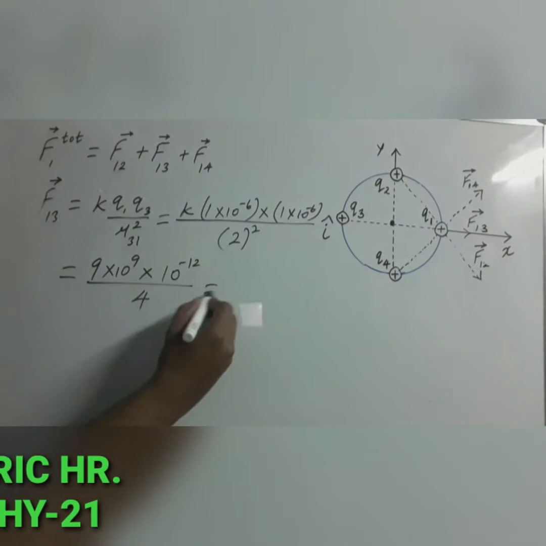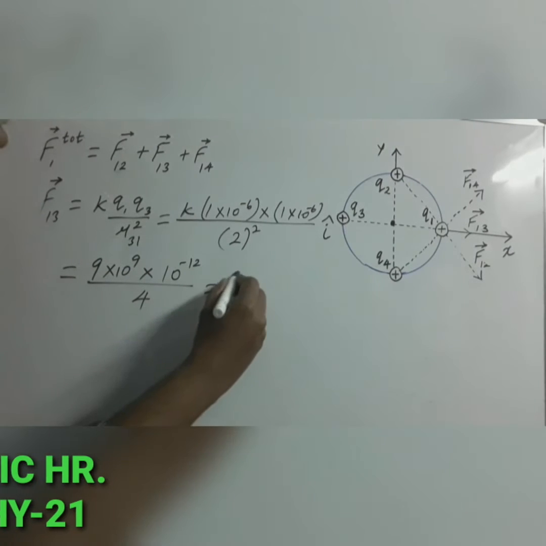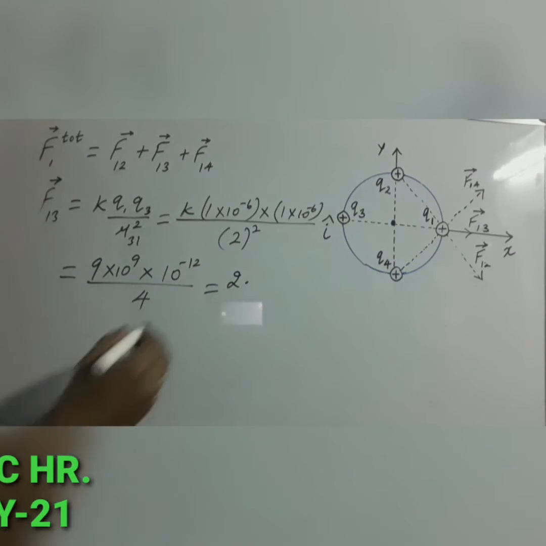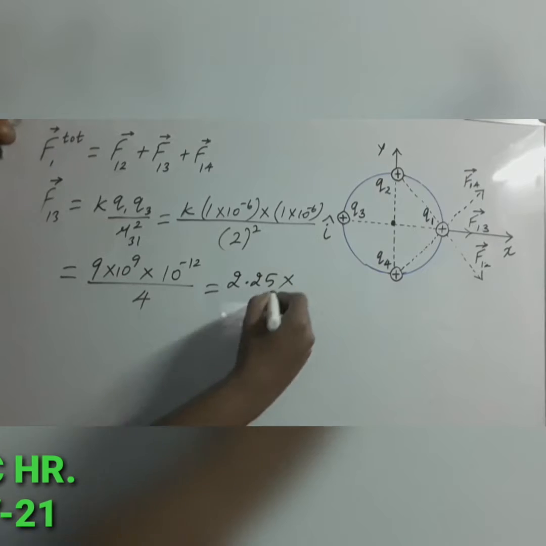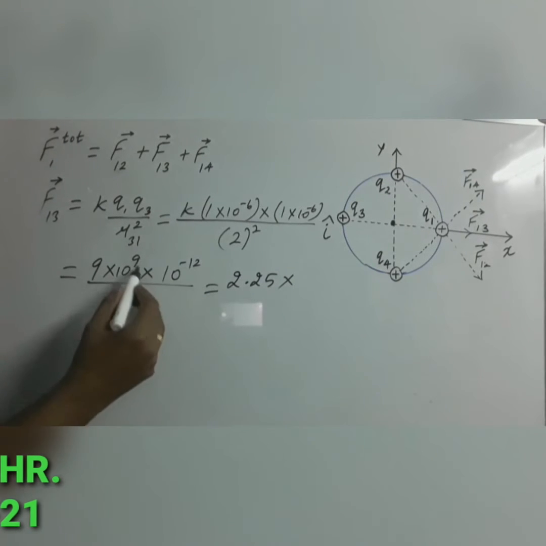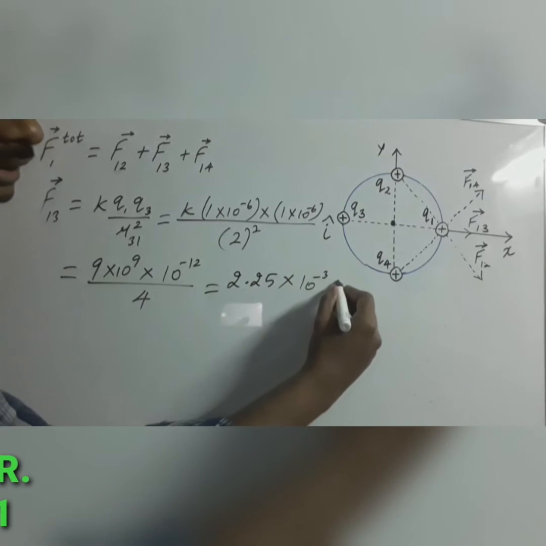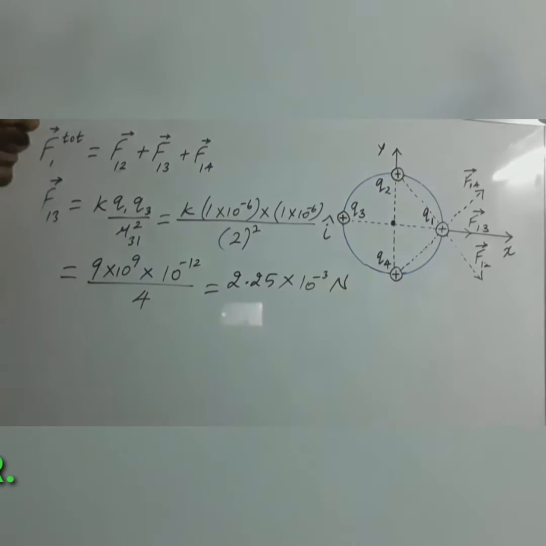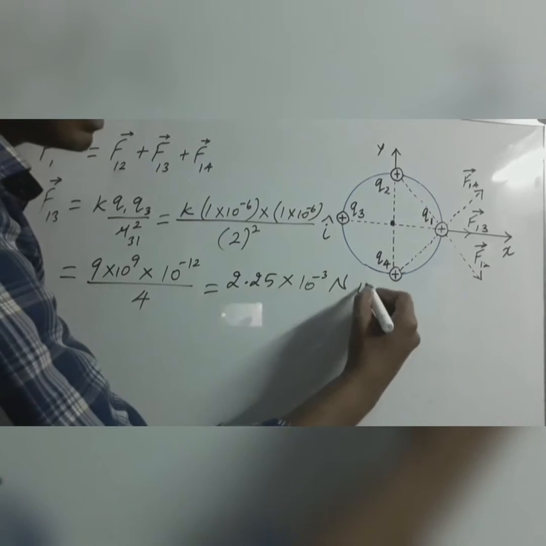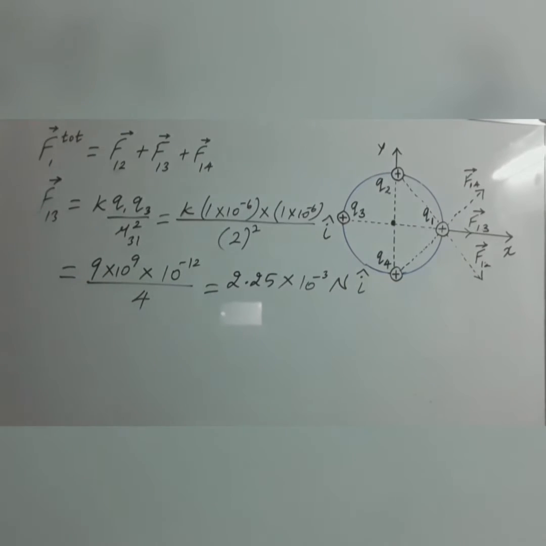By solving these values, you get 2.25 into 10 to the power of minus 12 into 10 to the power of 9, so 10 to the power of minus 3 Newton. It acts along the x-axis, so it is i cap.